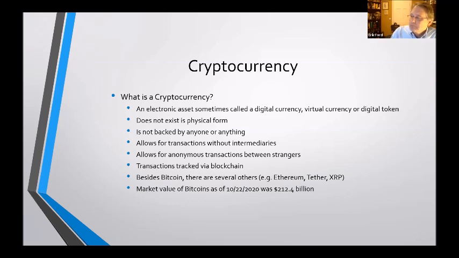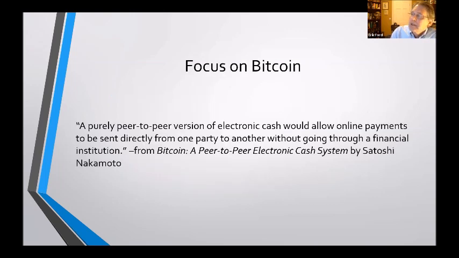Now, part of the notoriety of cryptocurrencies has been the use of anonymous transactions between strangers and dealings in things that would not be able to be transacted through legal intermediaries.